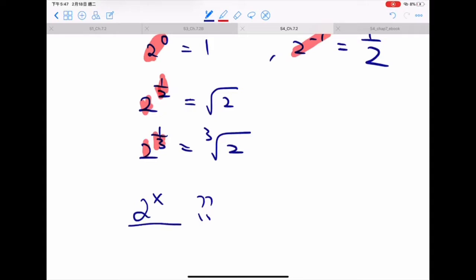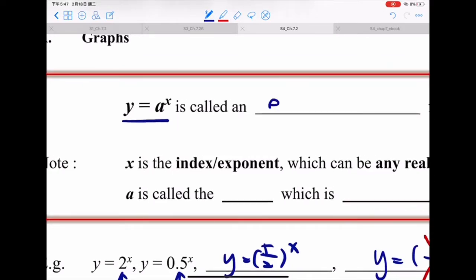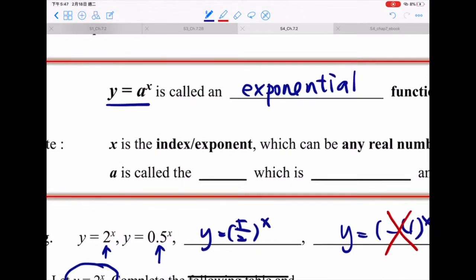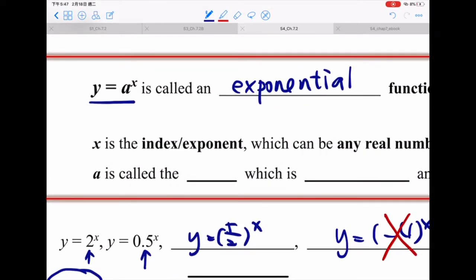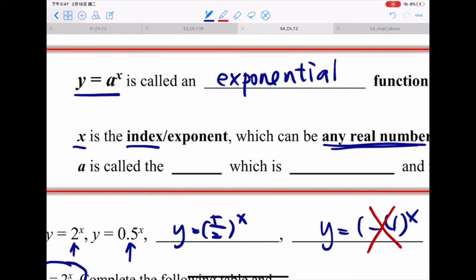In order to explore what it is, let's set up an equation and try to plot it on the graph. So y equal to a to the power x. For this, we will call it an exponential function. We will use x to stand for the index, and it can be any real number.